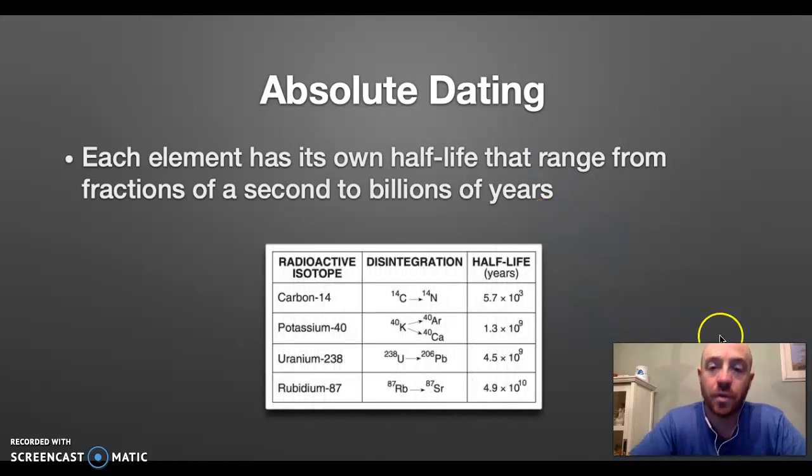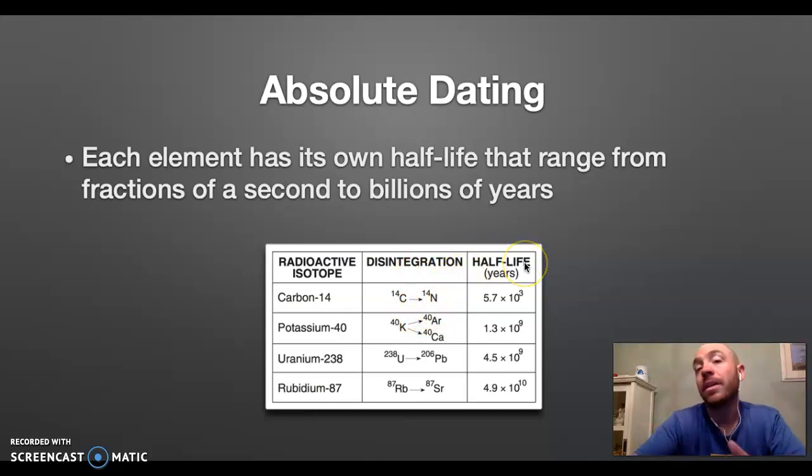This is in your reference table on the first page. You have your radioactive isotopes, the ones that we care about for Earth Science class: carbon 14, potassium 40, uranium 238, and rubidium 87. Remember, the unstable product is carbon 14, and what it's going to break down into is nitrogen 14.